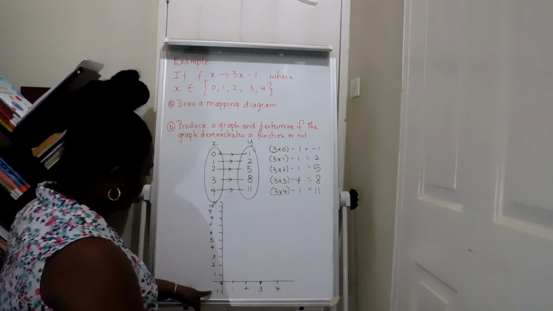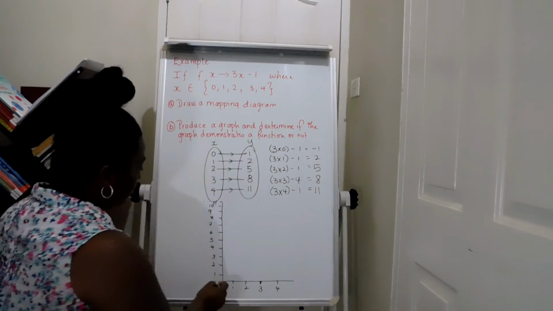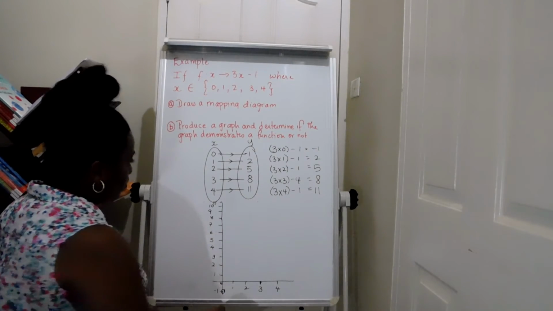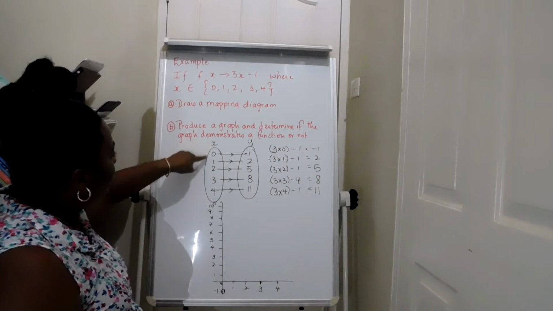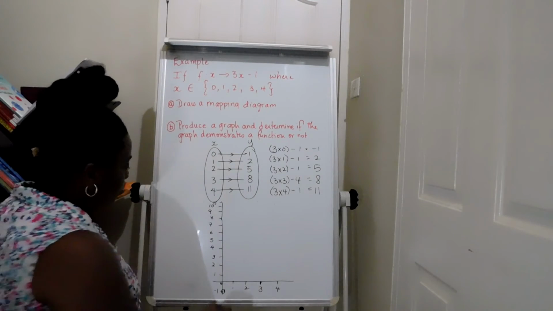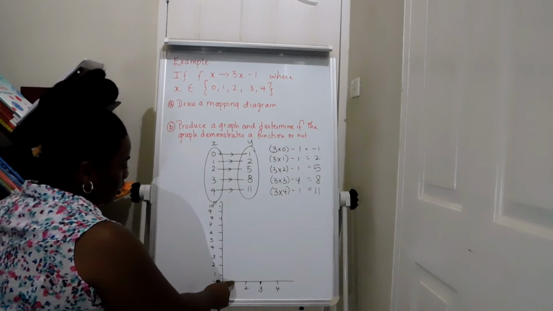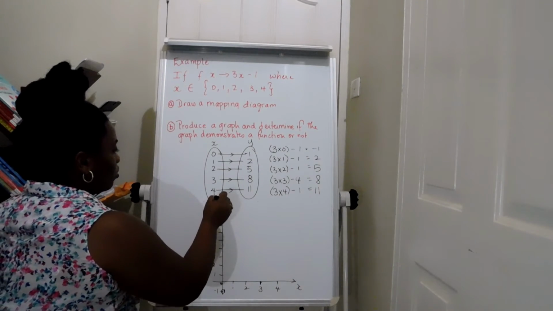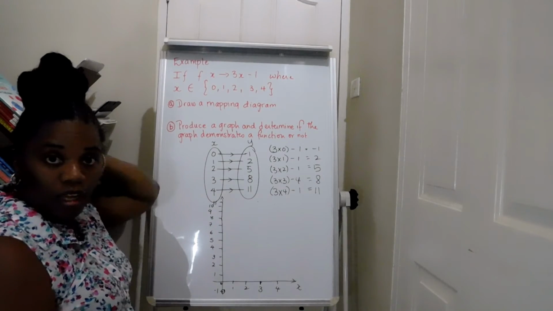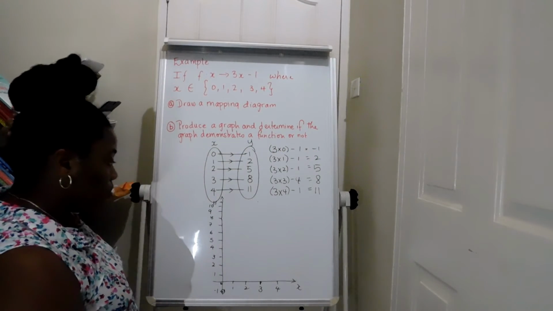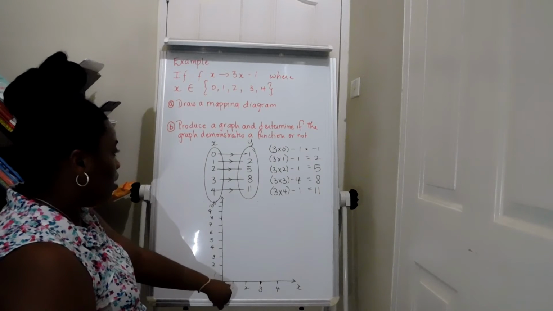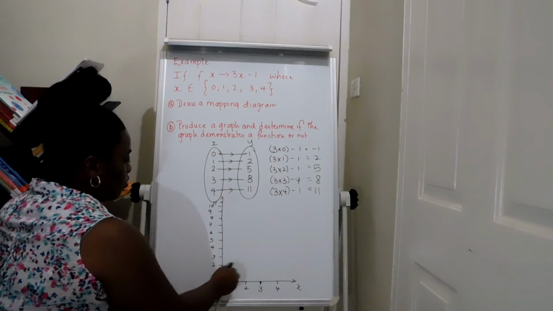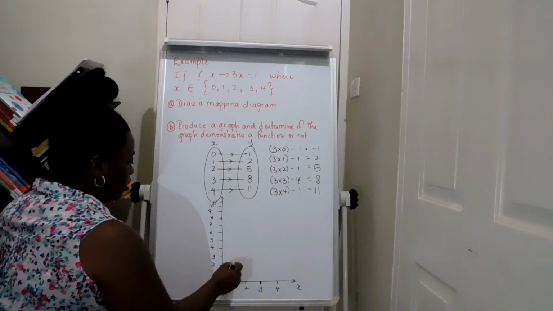So we're going to plot when x is 0, y is -1. When x is 1, y is 2. Remember the x-axis runs horizontally, so just remember the horizon for that, and the y-axis runs vertically. So when x is 1, y is 2. We're going from 1 and moving up to 2 right here. Put a dot, circle it.